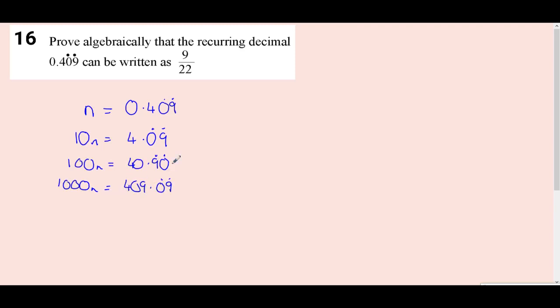At this point, I've got 2 values which have the same recurring part. So if I do 1000n subtract 10n, that's the same as doing 409.09 recurring, subtract 4.09 recurring.